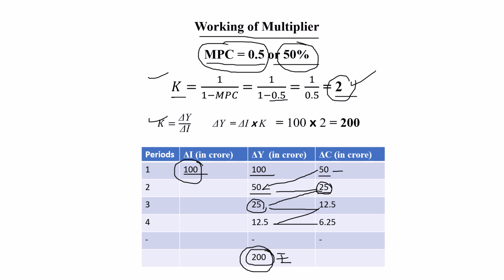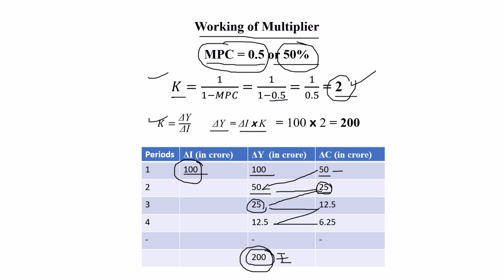Here K is delta Y upon delta I, change in income upon change in investment, or change in income due to change in initial investment. Here we have to calculate how much the income level increased. Delta Y equals delta I into K, the multiplier.